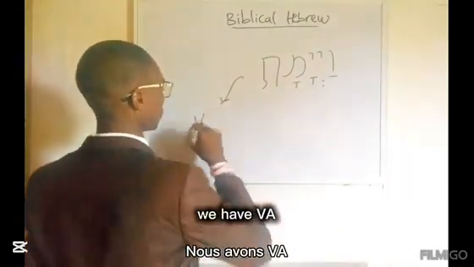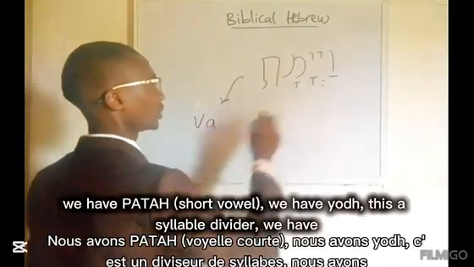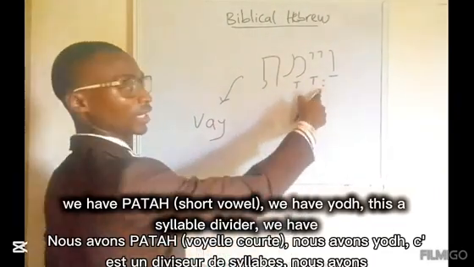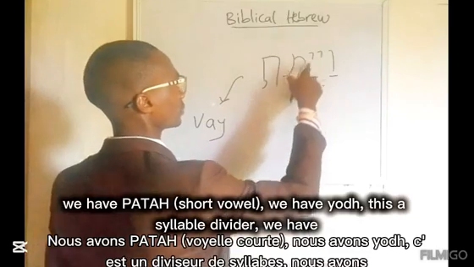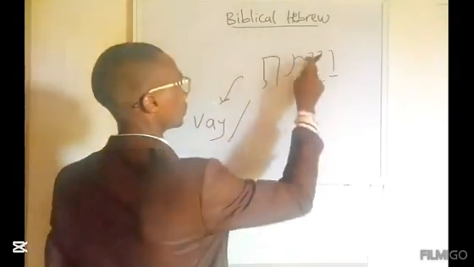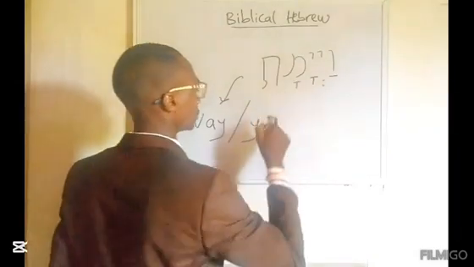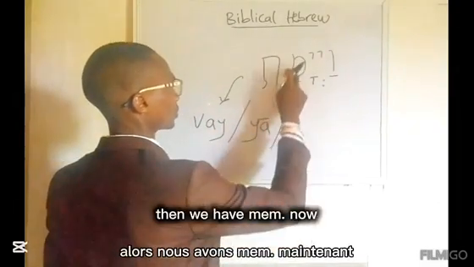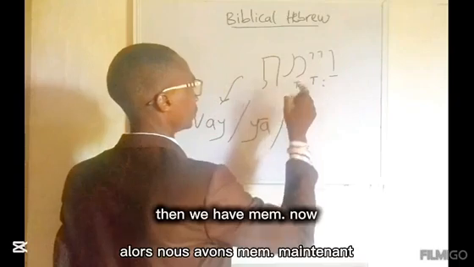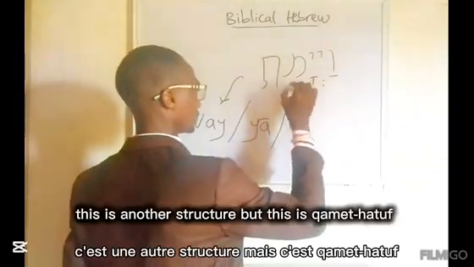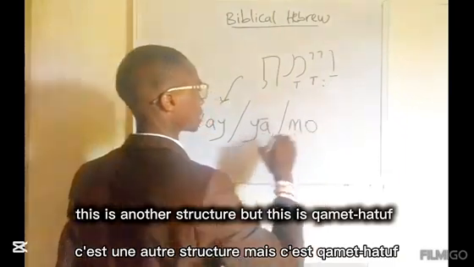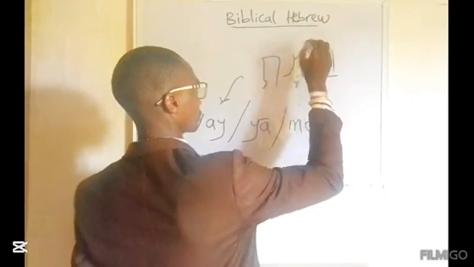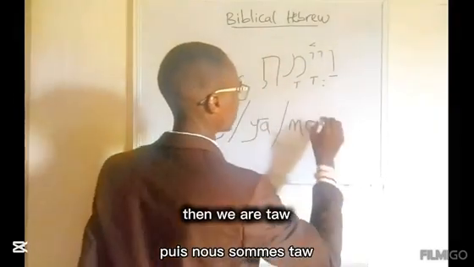We have Vav, we have Patah, short vowel. We have Yod, this a syllable divider. We have Yod, we have Qamet, then we have Mem. Now, this is another structure, but this is Qamet-hatuf. It's Qamet-hatuf. Then we have Tav.